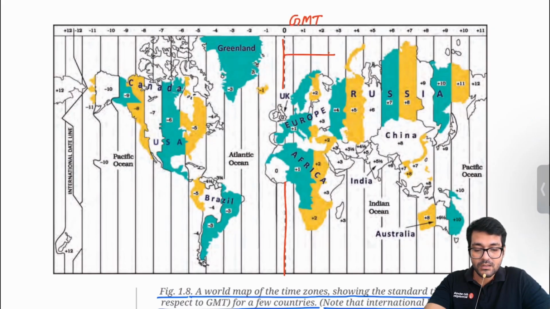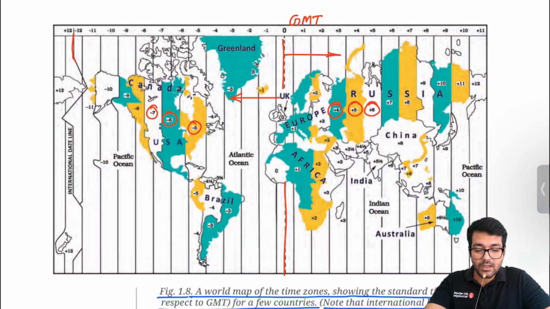All countries located east of the prime meridian have positive numbers written on them. To find their standard times, you have to add these numbers. Similarly, all the countries located west of the prime meridian have negative numbers written on them. To find their standard times, you have to subtract these numbers.